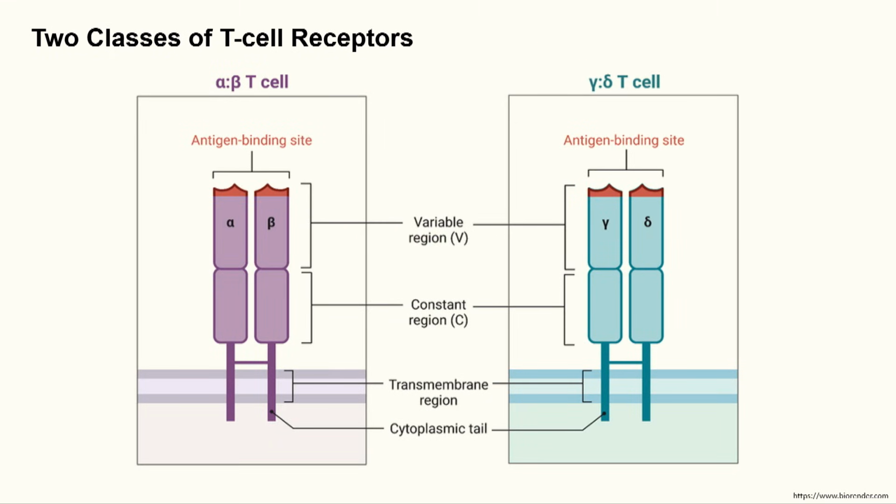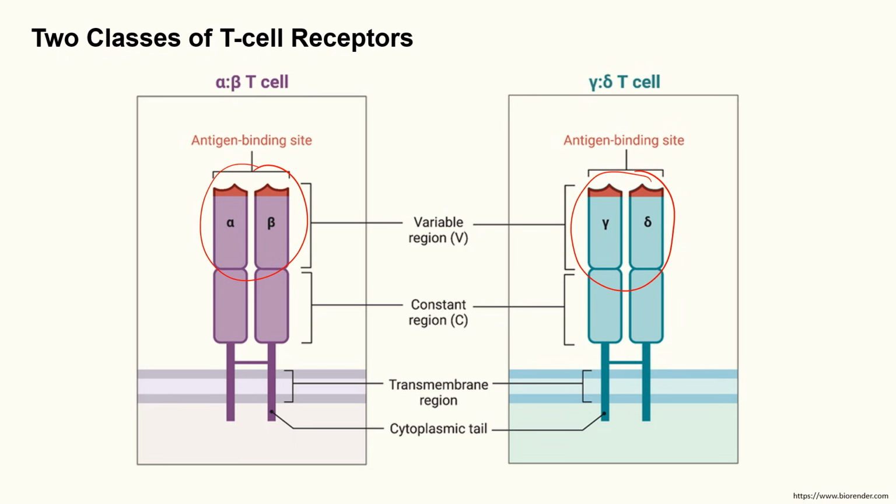Alright, so we'll move on and try to see the 2 classes of the T cell receptor which I have discussed. As I said, there could be a receptor where alpha and beta are present, which can help in the binding of an antigen. So this is actually an alpha beta T cell. Otherwise there could be a gamma delta T cell. That means they can bind to antigen very specifically in a different style.